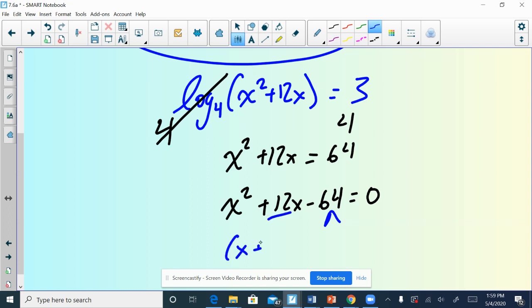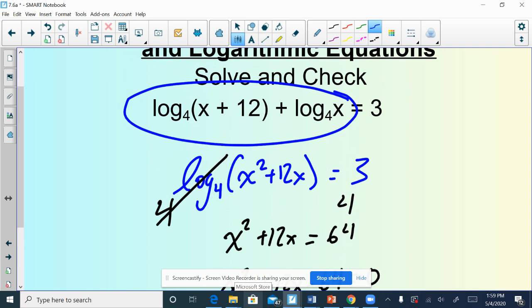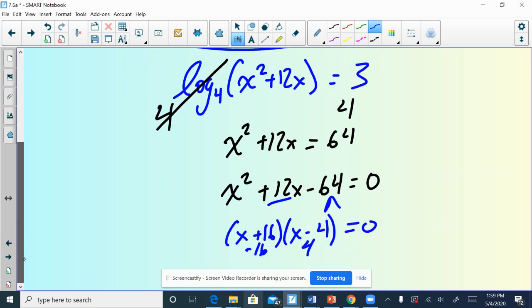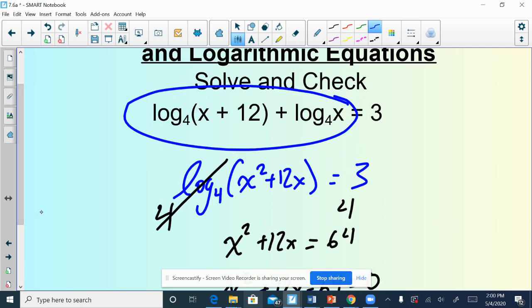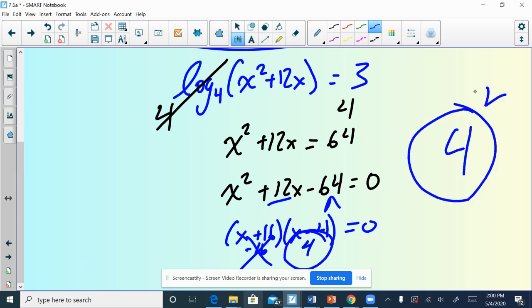That would be an x plus 16 and an x minus 4. So we would have negative 16 or 4, but those are not necessarily our answers. We have to verify that they both work. Negative 16 would make them negative numbers, and you're never allowed to take the log of a negative number. However, 4 does work. We're making positive, and so 4 is our solution. Negative 16 was extraneous, but 4 works.